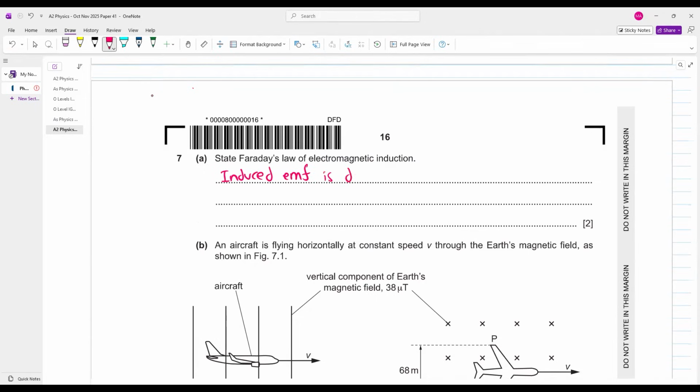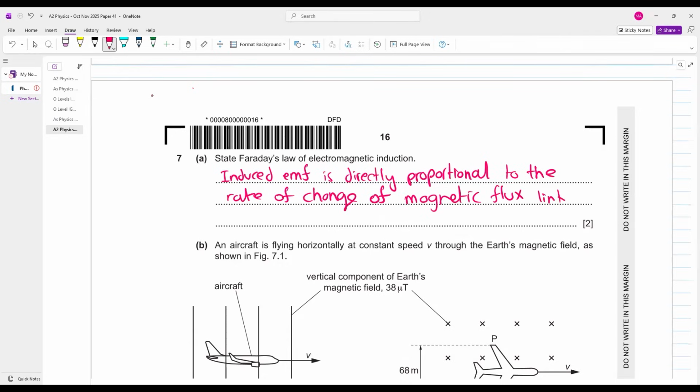Induced EMF is directly proportional to the rate of change of magnetic flux linkage. Simple. Let's further move ahead.